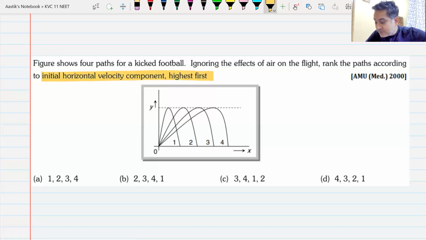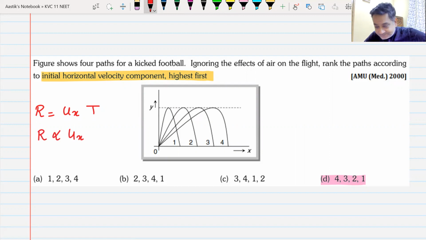If I look at the formula of range, it is ux multiplied by t, or it is 2u² sinθ cosθ by g, or it is u² sin2θ by g. So range is directly proportional to ux.